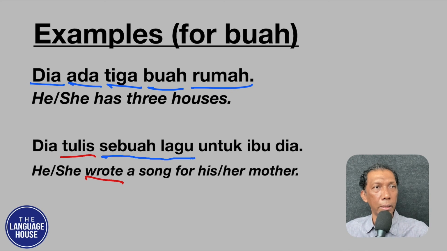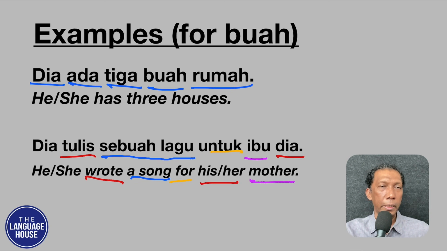The counter one, and lagu song. In English it is a song. Untuk is for, and then mother, ibu. And then in Malay we reverse it a little bit. Ibu dia is, in English, his or her mother.